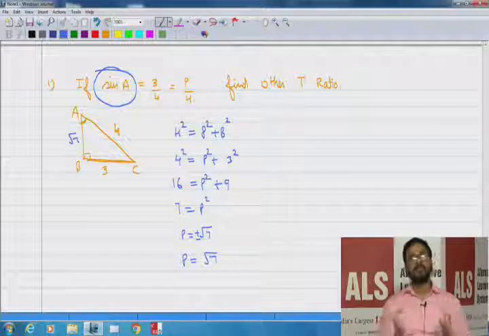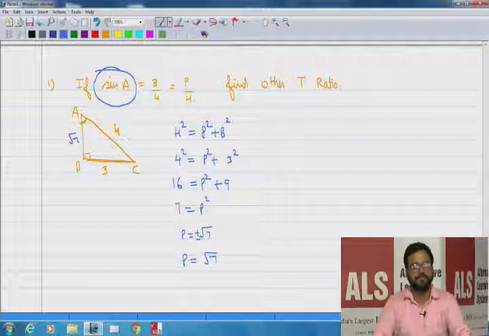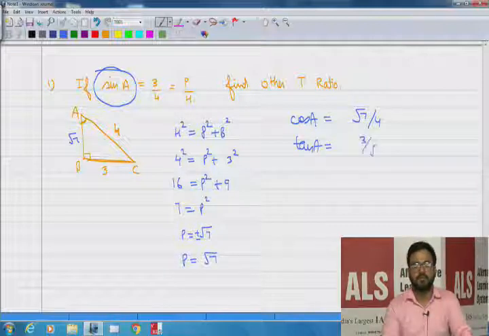So these are the basic types of questions we have done. I hope all of you have done. Like sine of A is given, cos of A will be root 7 by 4, tan of A will be 3 by root 7, and similarly the cosec will be the reciprocal of sine A, which is 4 upon 3.